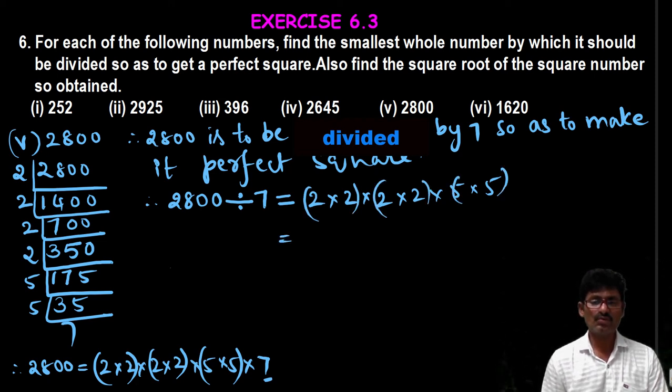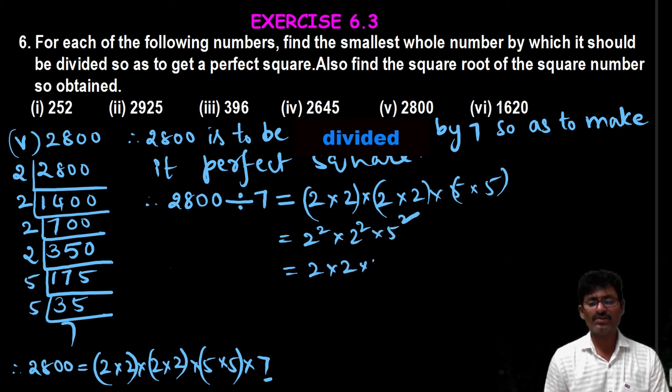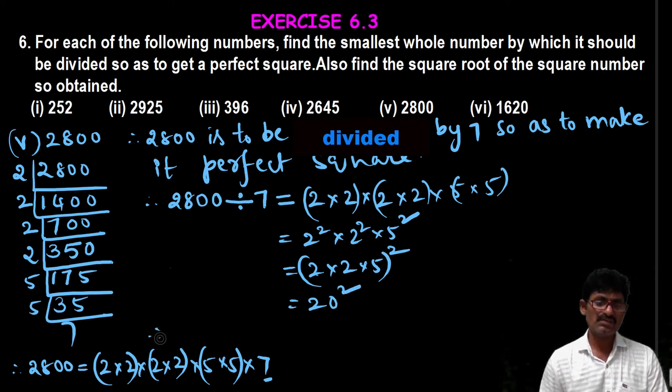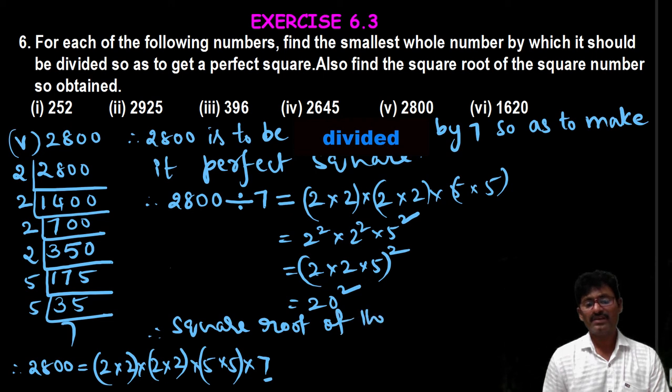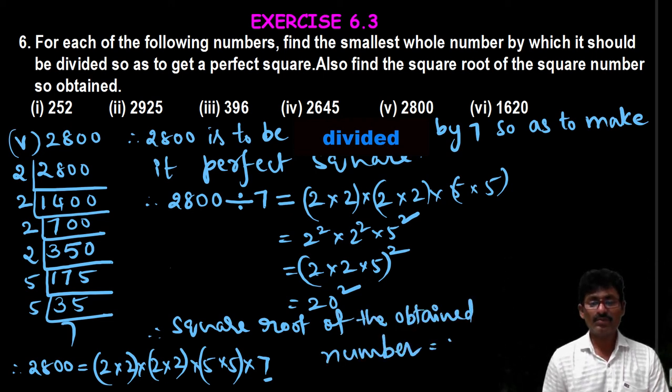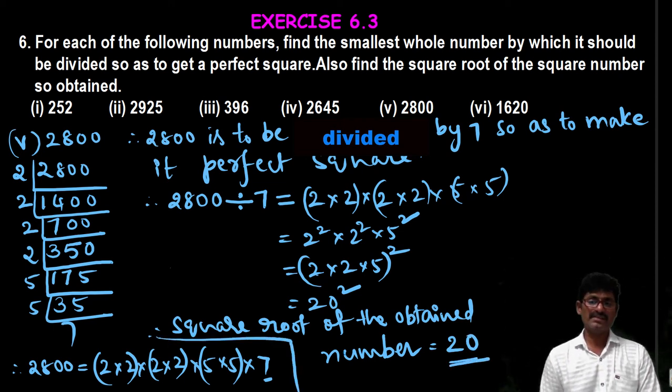So this is equal to 2 square into 2 square into 5 square, which is equal to 2 into 2 into 5 whole square. So this is equal to 2 times 2 is 4, 4 times 5 is 20. So 20 square. So therefore the square root of the obtained number is equal to how much? That will be 20. So that is the final answer.